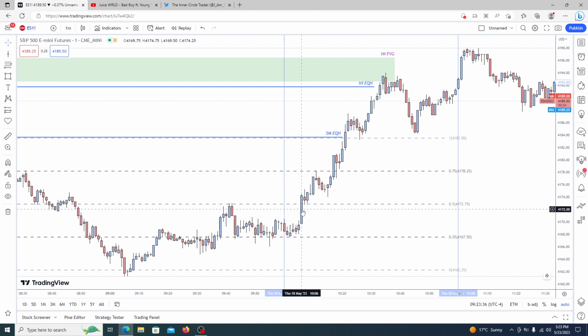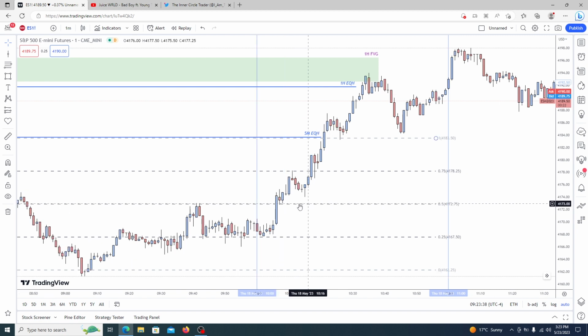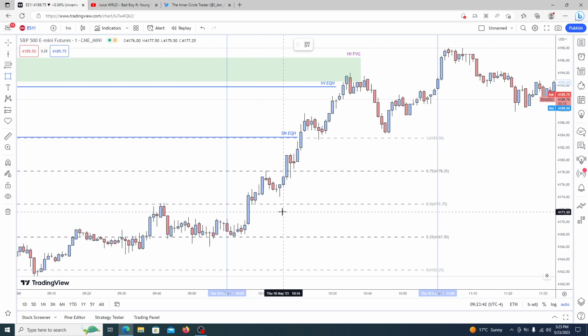So looking at that, it gives me the confidence that I need to know that, okay, we are going to be long because price action is respecting bullish order flow. We have a volume imbalance right there.